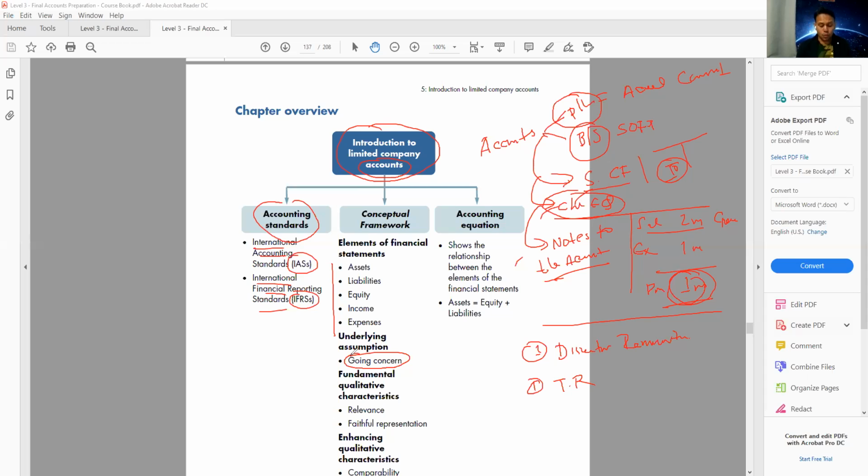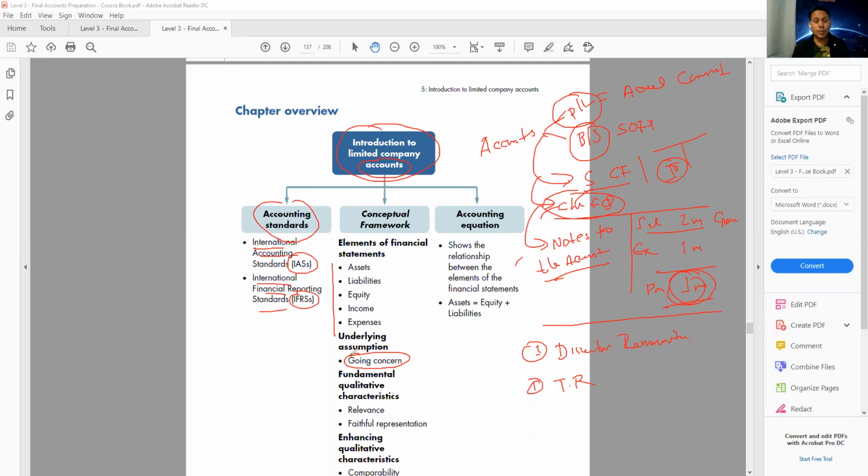This means we assume the business will continue for the foreseeable future. When you open a business, we don't open it to close it down. We don't open it to dissolve it. When you open a business, we open it forever. For example, if you see some business that says established in 1769, or established in 1969, this is basically 100 years, 200 years, 300 years.